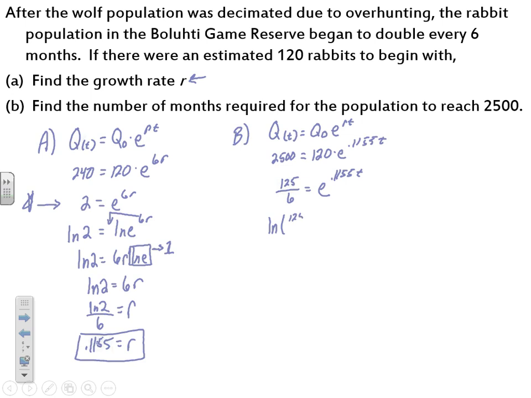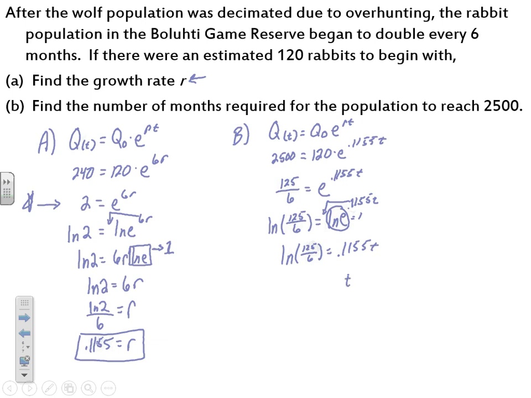So I'll say the natural log of 125 over 6 is equal to the natural log of e to the 0.1155 t power. And using our power rule of logs and the fact that natural log of e is just equal to 1, we can at this point say the natural log of 125 over 6 is equal to 0.1155 times time.